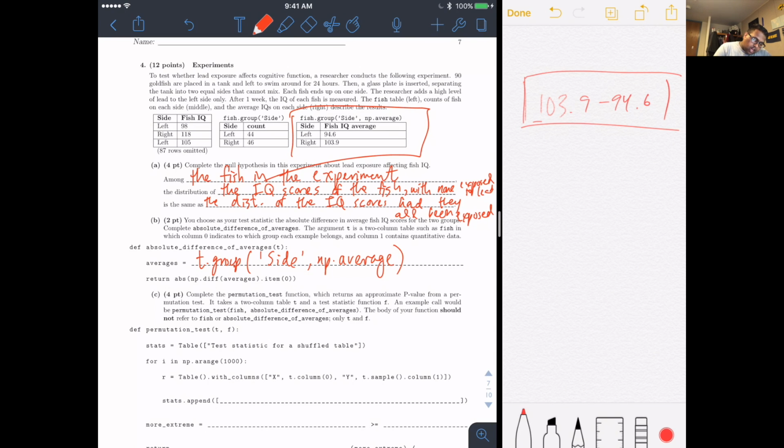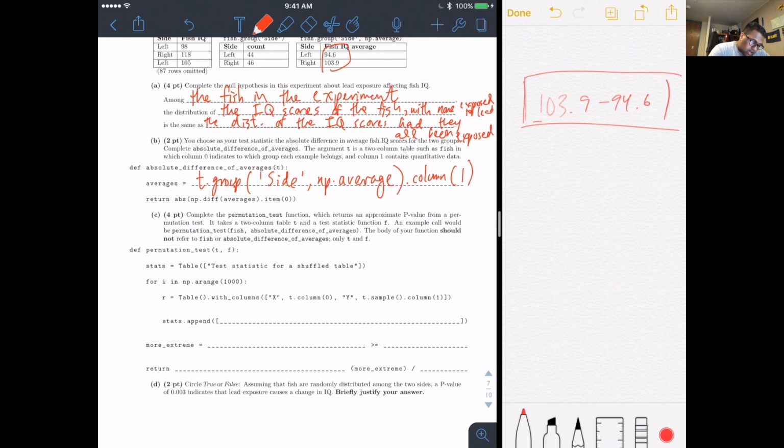And then from there, we take the differences of the averages. Oh, this also should be .column 1, right? Because we only want the right side. And then we'll get these values, and we take the np.diff of those and take the first item, because the first item, the 0th element, will have the difference, and that will be good for that question.